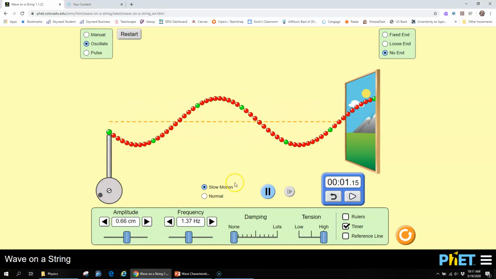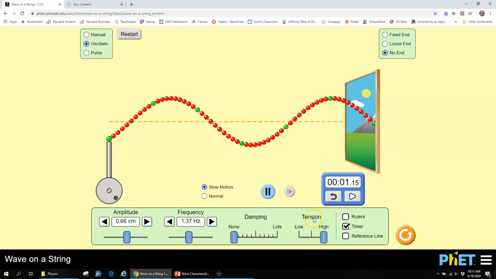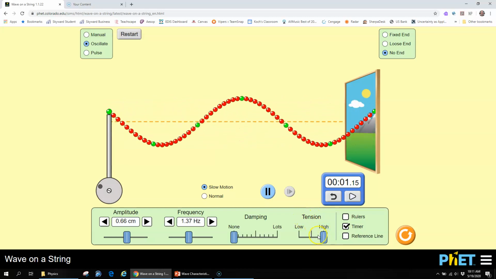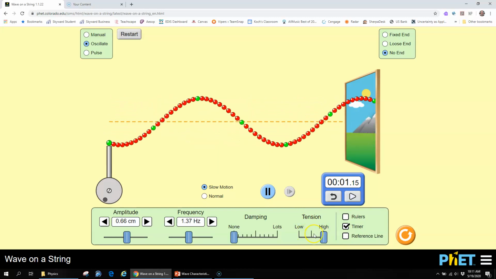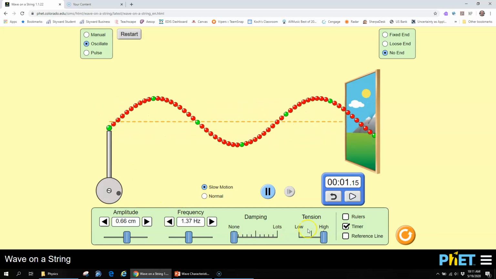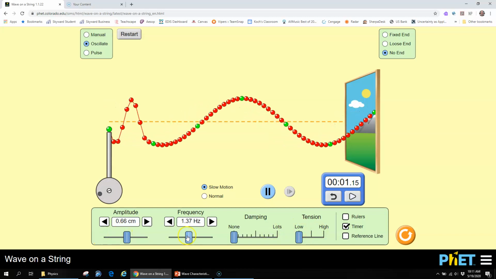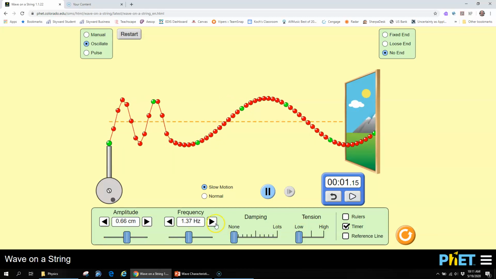So the properties of the medium are what affect the speed. And when I did change something about the medium, I can in fact change the speed. But as long as the tension is low, either of these things did not affect the speed.